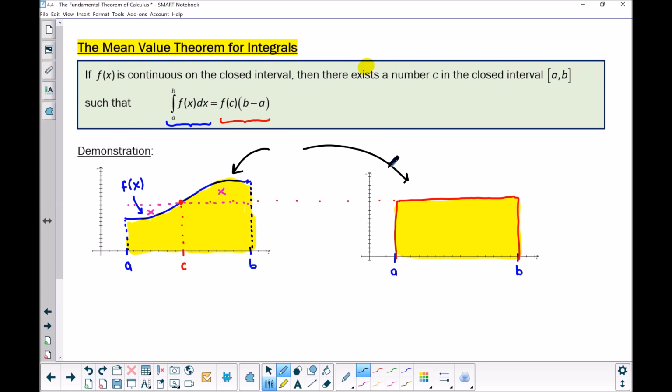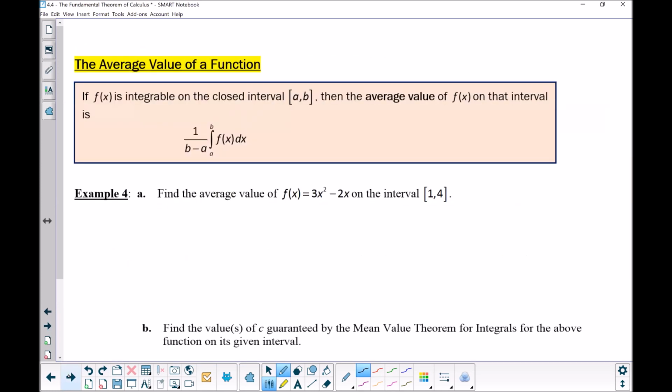What becomes very powerful is if you go to this equation that you see right up here and take this f of C and get him all by himself. That would be done by dividing by B minus A, right? Well, if we do that, you then have the average value of a function.